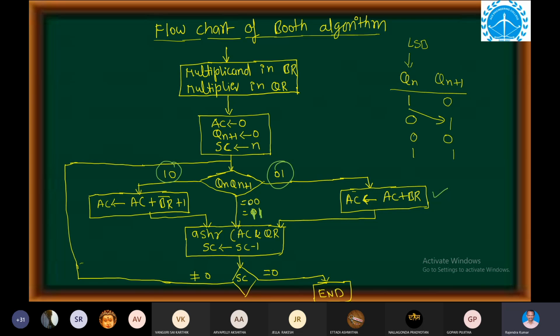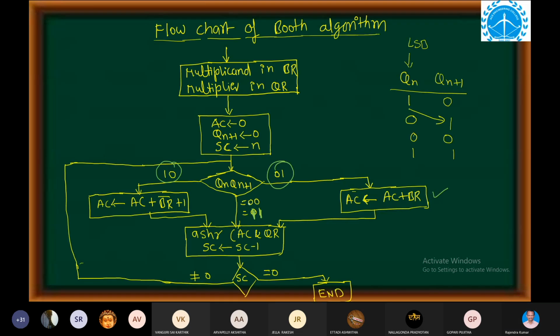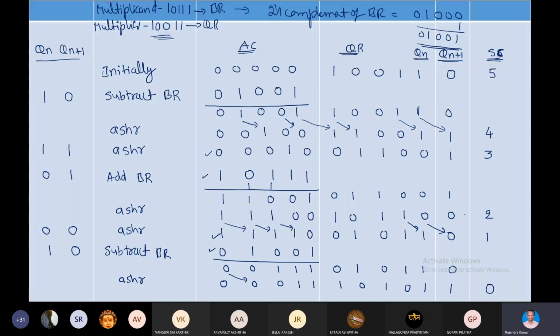Now we will check whether the sequence counter is 0 or non-zero. If it is non-zero, again this process starts. When the sequence counter becomes 0, the process ends. That's why we are checking what is Qn and Qn plus 1.